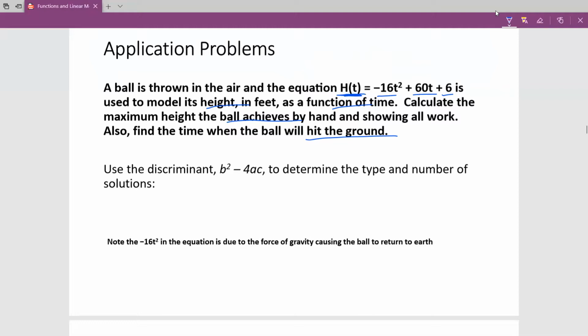So let's use the discriminant to determine the type and number of solutions. A is minus 16, B is 60, and C is 6.